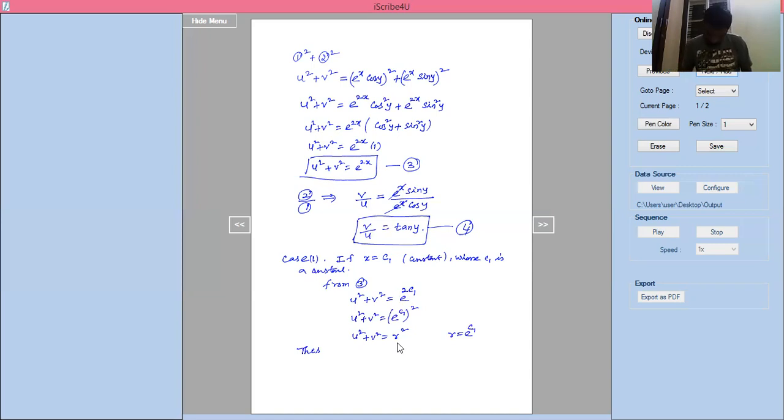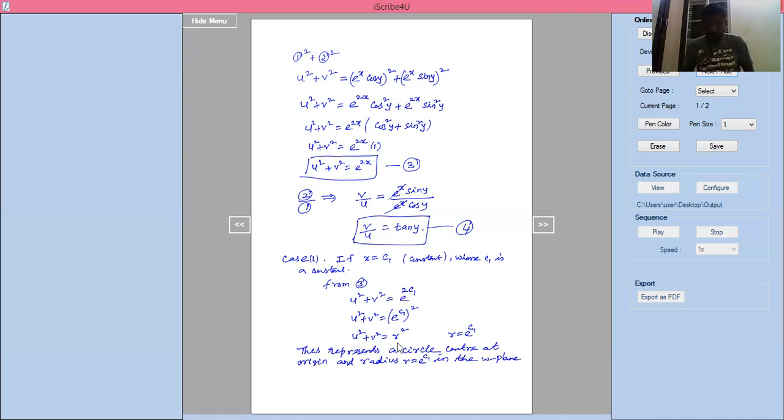This represents a circle with center at origin, and radius r equal to e power c1 in the W plane.